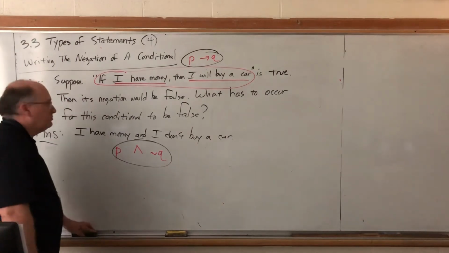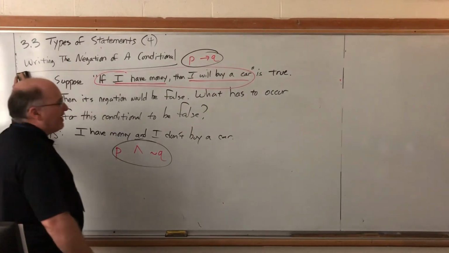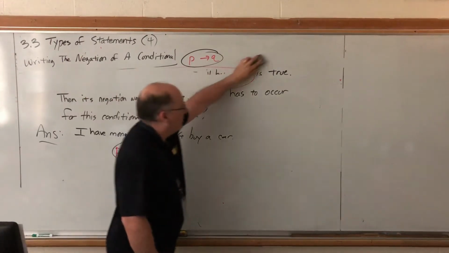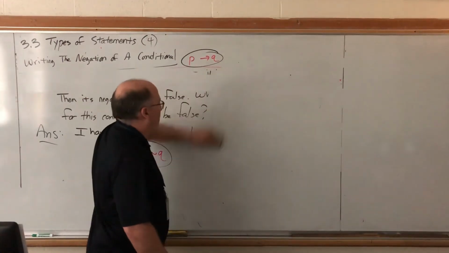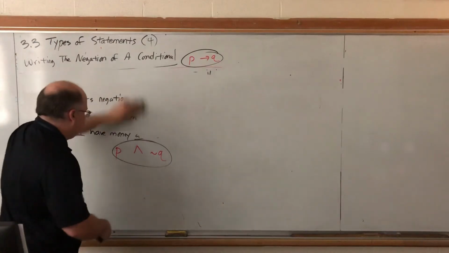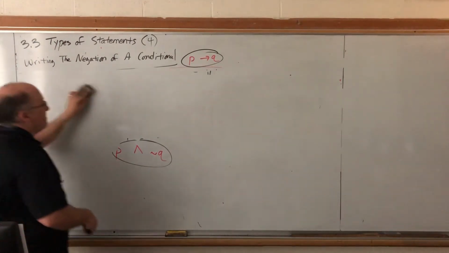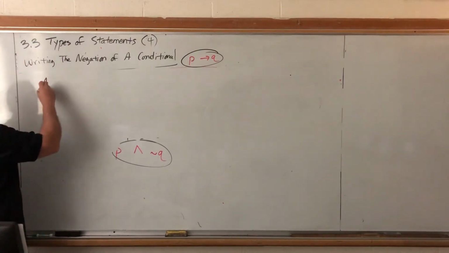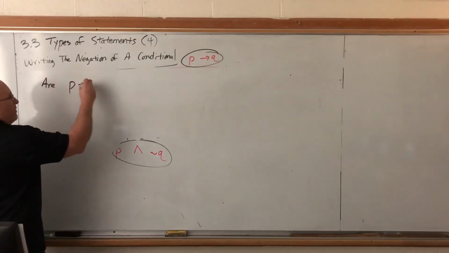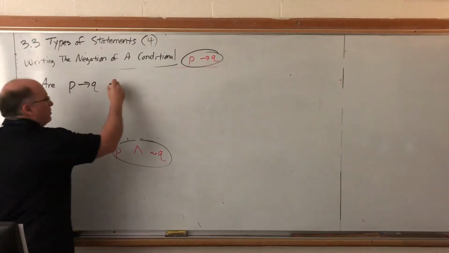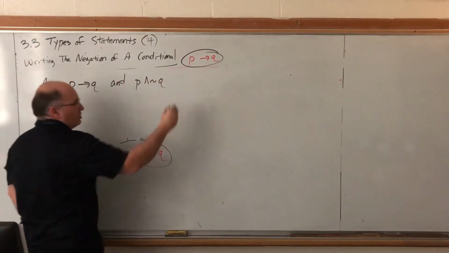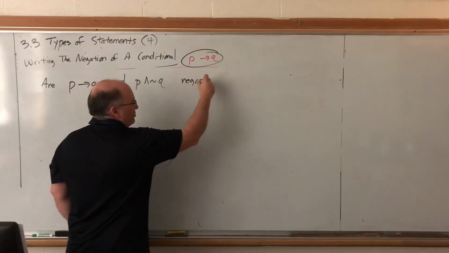So what we can infer from this is that the negation of a conditional is that. In fact, let's go ahead and not only write that down, but verify that it's always true, not just this case. That the negation of a conditional is this conjunction. Are this conditional and this conjunction negations?